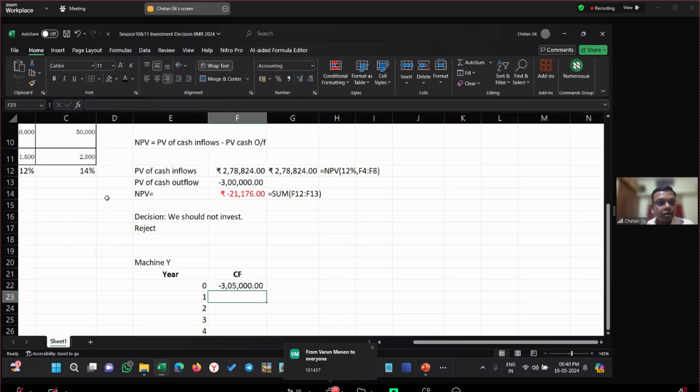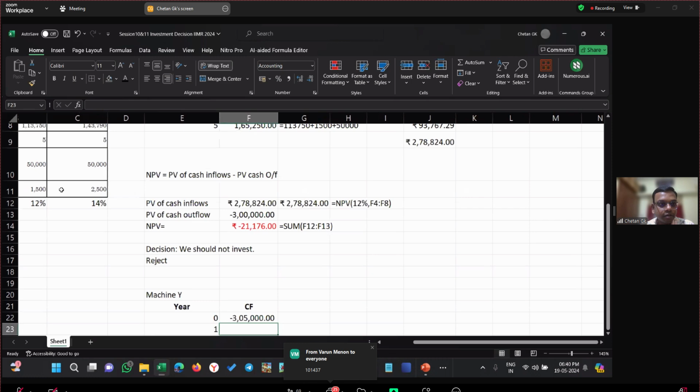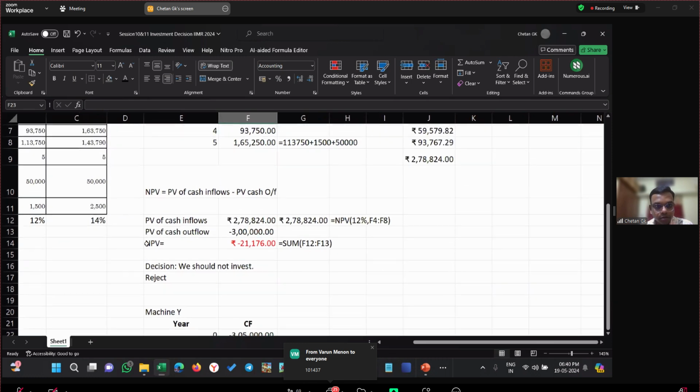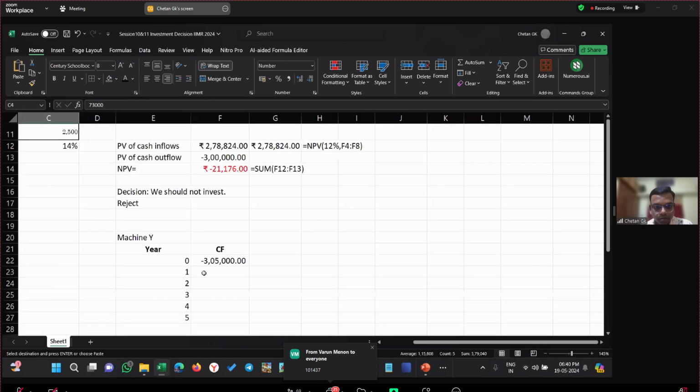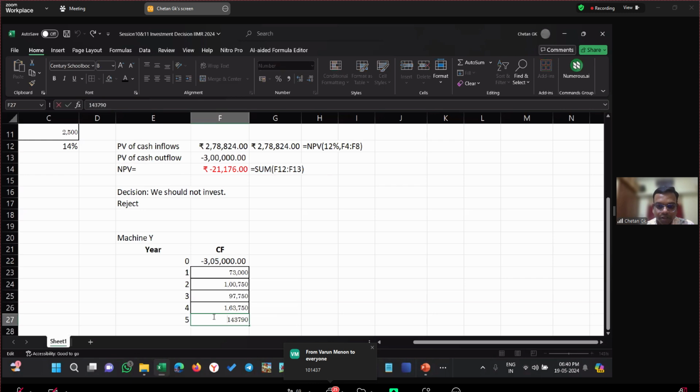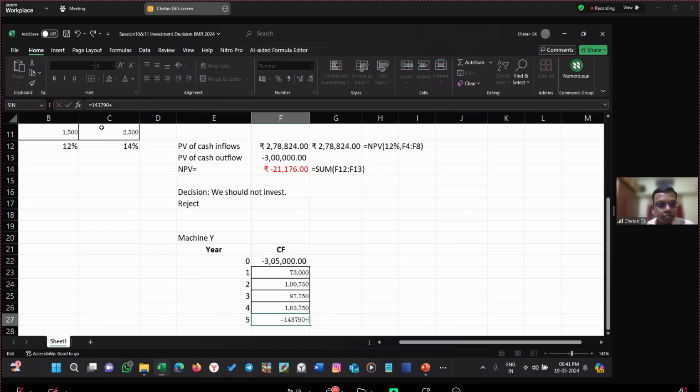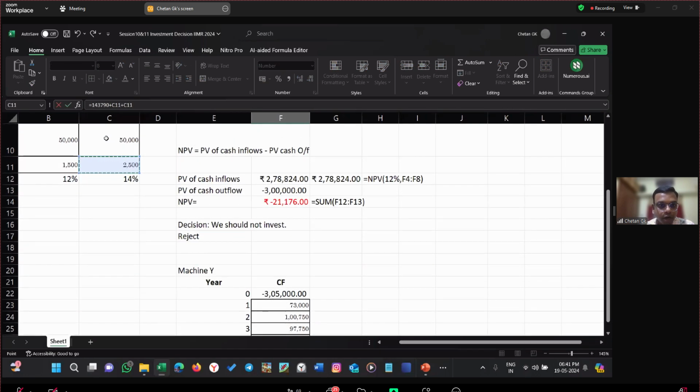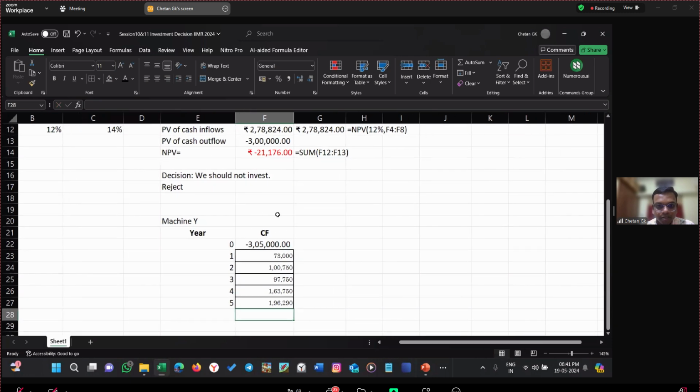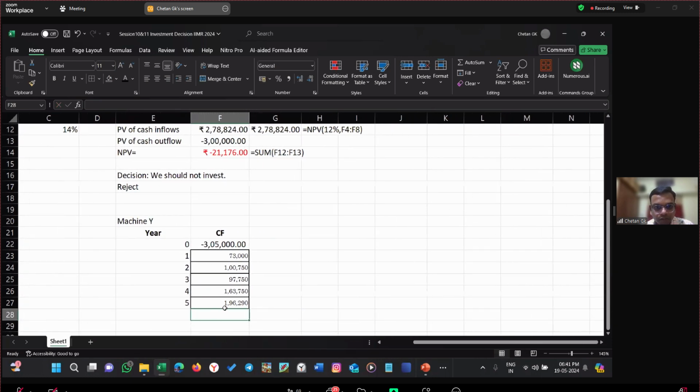And next, we have to just copy paste. And what happens here in the 5th year? Salvage value should be added. Plus working capital release should be added. Are you getting the same in the cash flows?